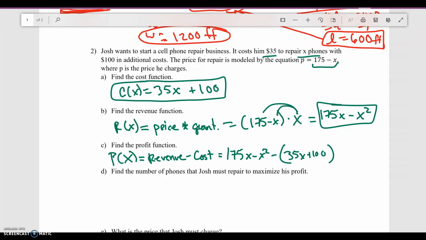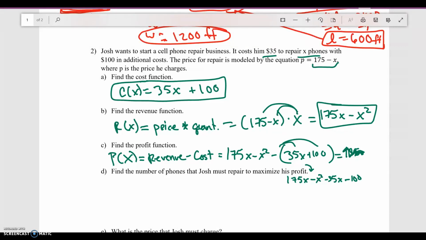I'm running out of room, so let me write it over here. It's going to be 175X minus X squared minus 35X minus 100, because I'm distributing this negative.